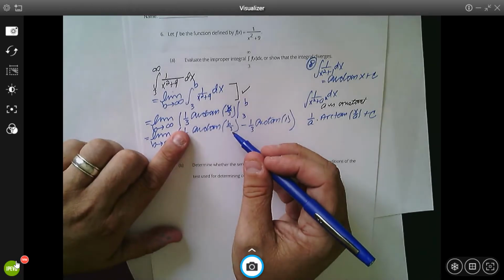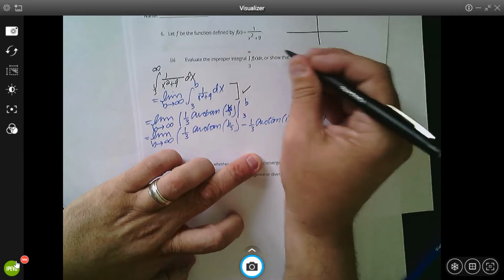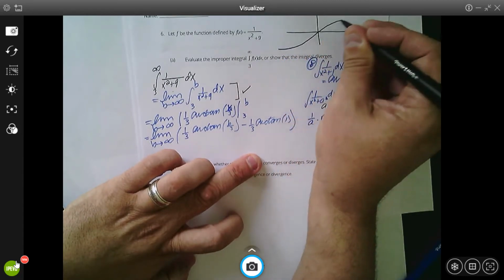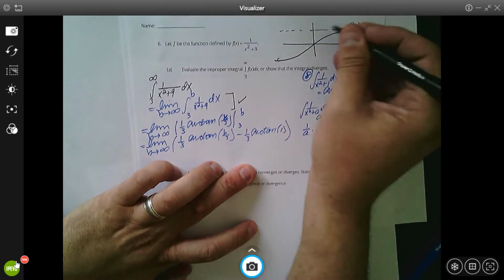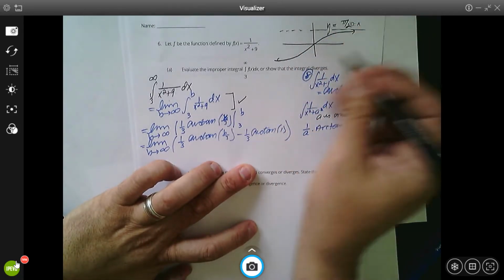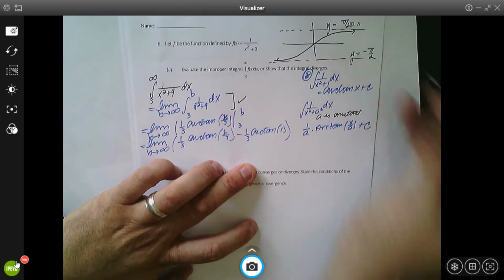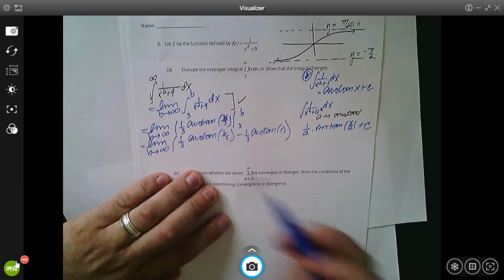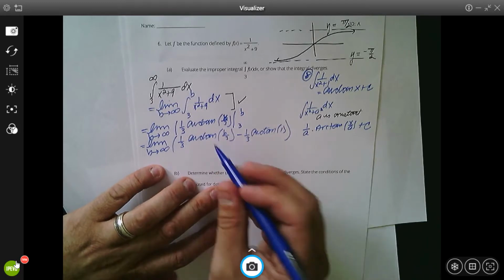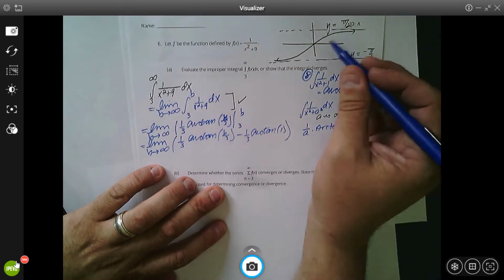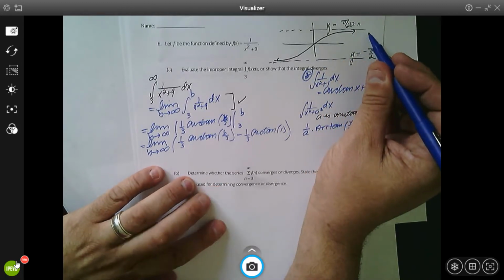What you need to remember about the arctan graph, let me sketch that up here. Your arctangent graph looks like that. You have a horizontal asymptote at y equals pi over 2, and you have another one at negative pi over 2. So as your b value approaches infinity, you're evaluating the arctan of infinity, and the arctangent graph gets closer and closer to pi over 2.